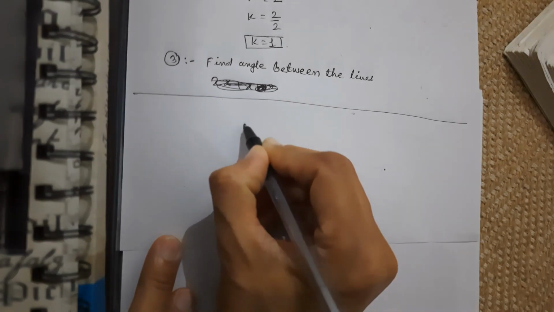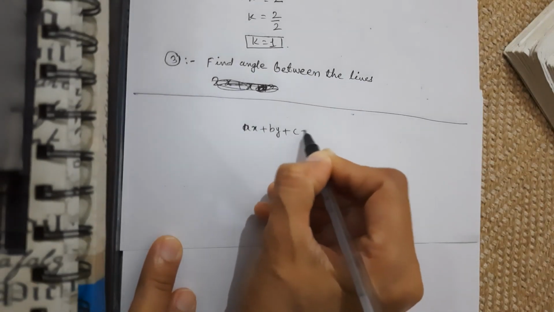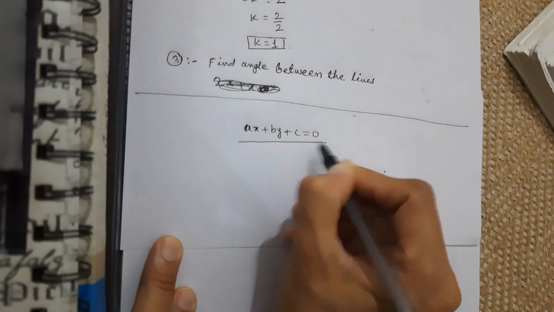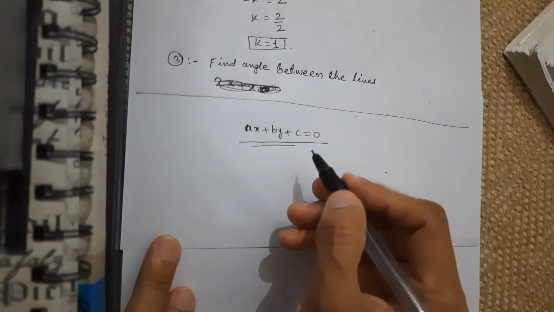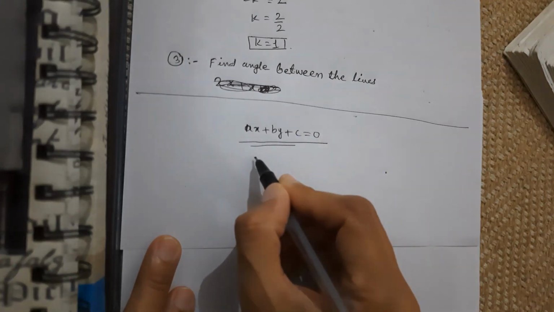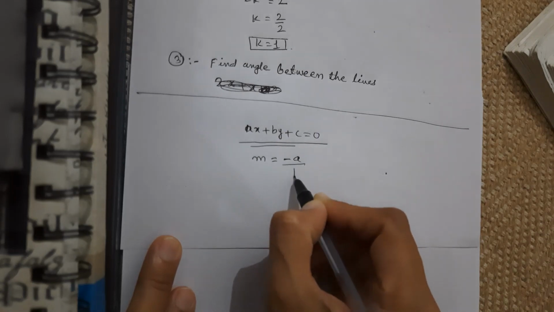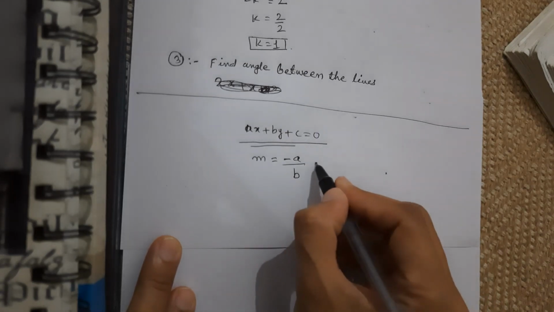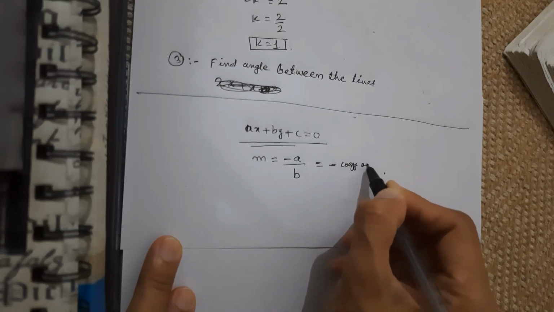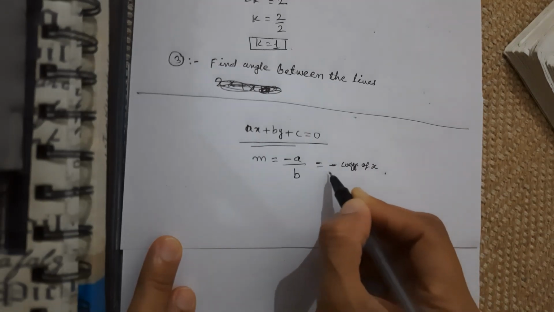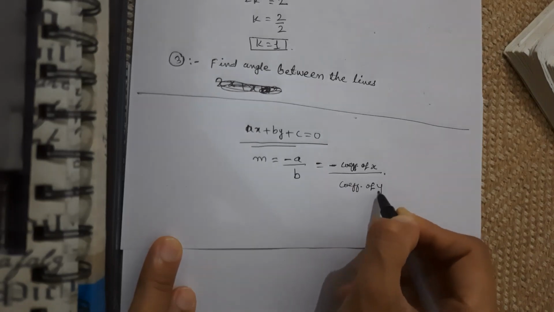So suppose a line is given as ax plus by plus c equal to 0, and this is the general form of a straight line that you know already. In this case the slope m is given by minus a upon b. So we say that slope is minus the coefficient of x divided by the coefficient of y.